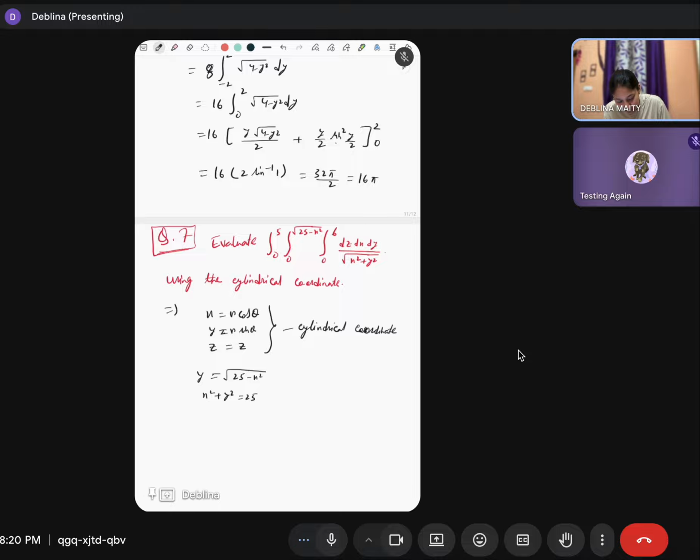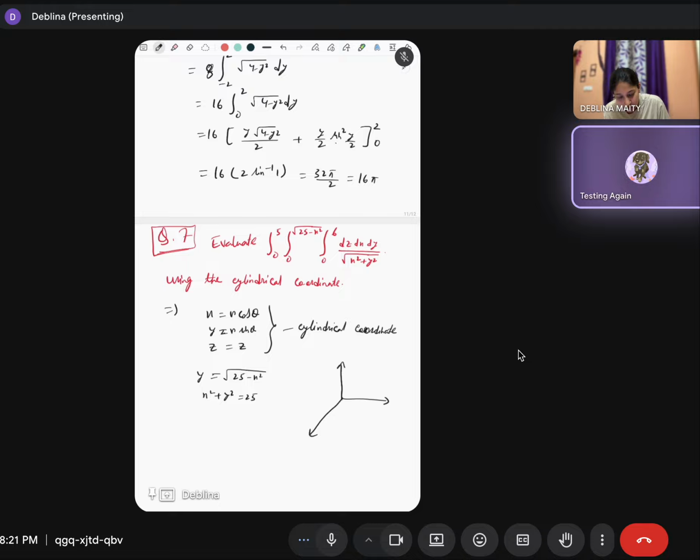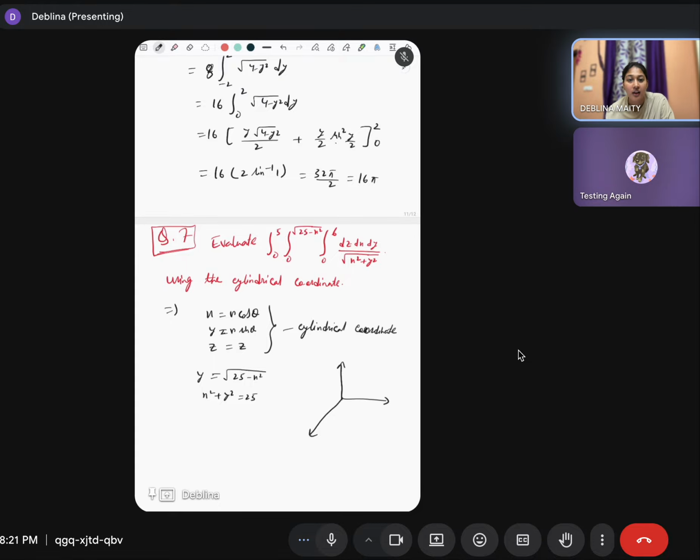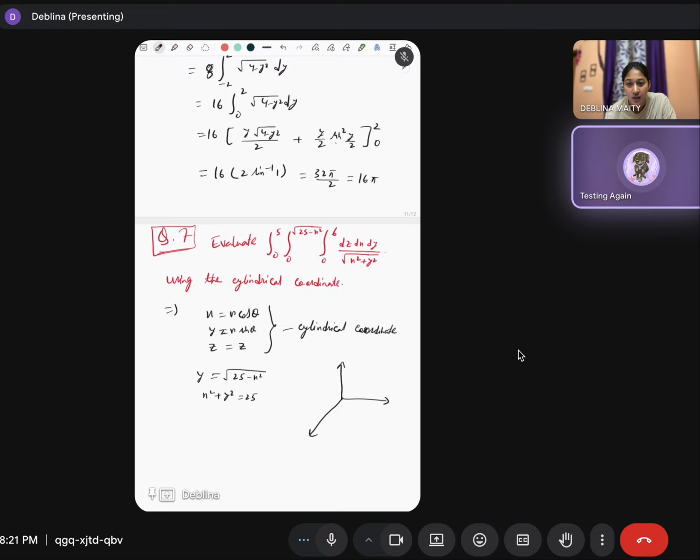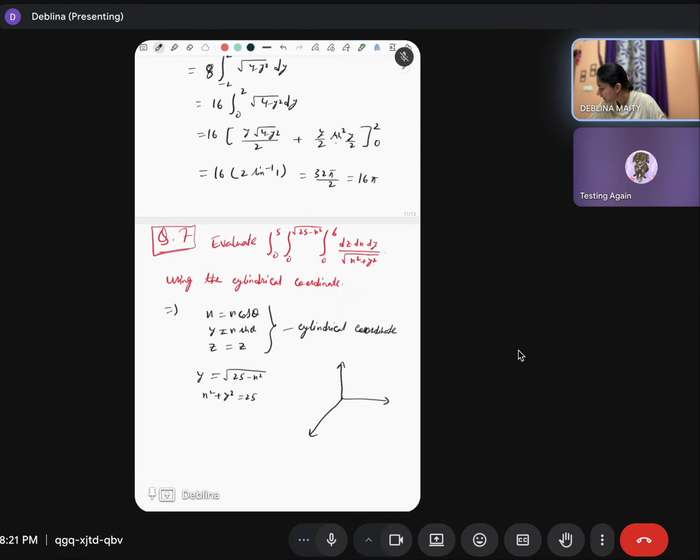So this looks like... Is the answer 15 pi? Yes. Okay. So the portion of the cylinder in the first octant is this.